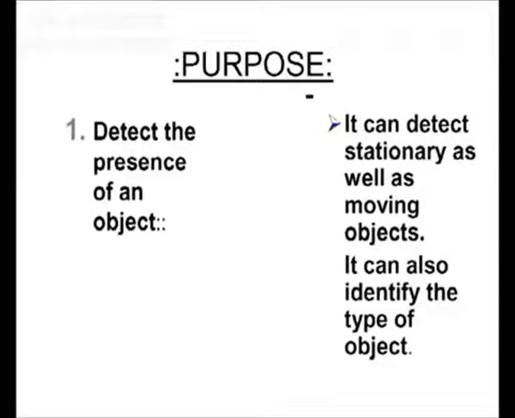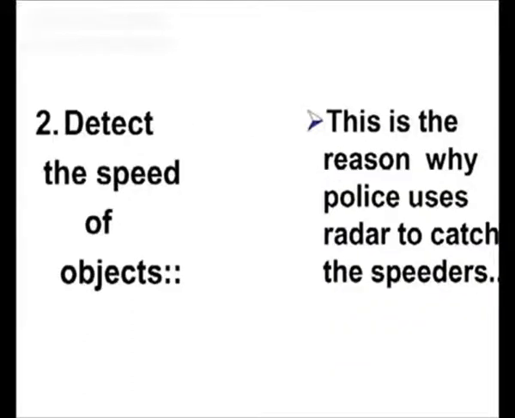So the main objective of this radar system is to detect the presence of an object. For this purpose, we make use of electromagnetic waves. But the other name for electromagnetic waves is radio waves. So this detection process, we call it radio detection. Not only the presence of an object we can detect, we can also find the speed of the object if it is moving.